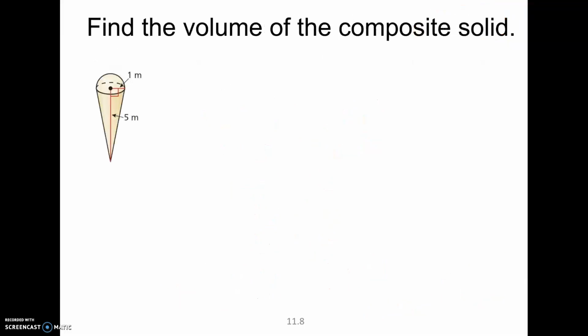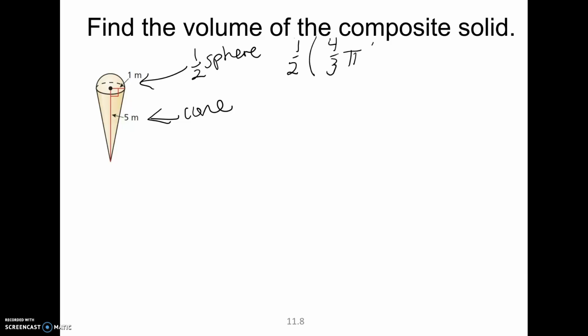Okay, and last one, find the volume of the composite solid. Now if you look, this is 1/2 of a sphere and then a cone. So for my half of a sphere, I'm going to take half of the volume formula. I know my radius of that is 1.